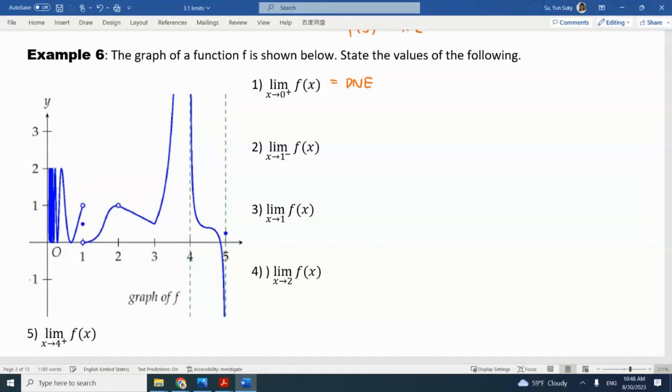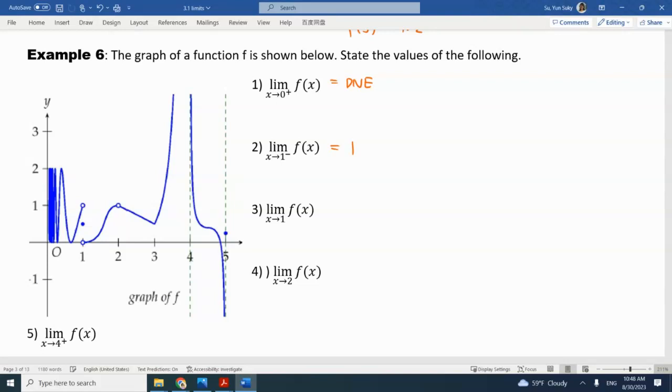Layla, when x goes to 1 from the left, what's the limit? 1. Yes. Right, everybody? We're getting close to 1 with y, so y goes to 1. How about the limit x goes to 1? Does not exist because your right side limit and the left side limit do not match.